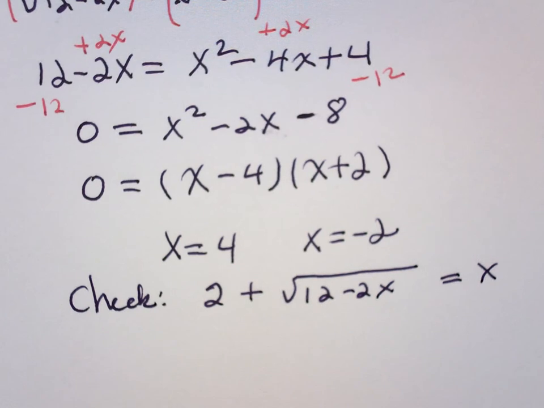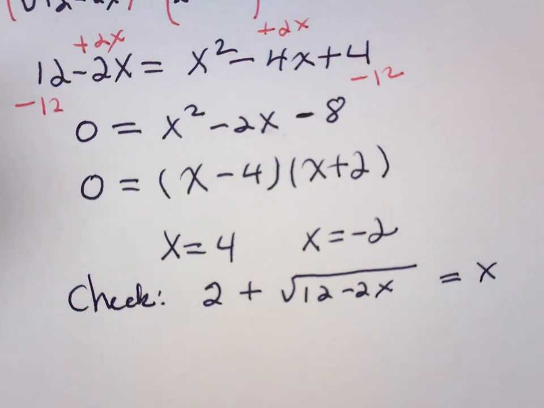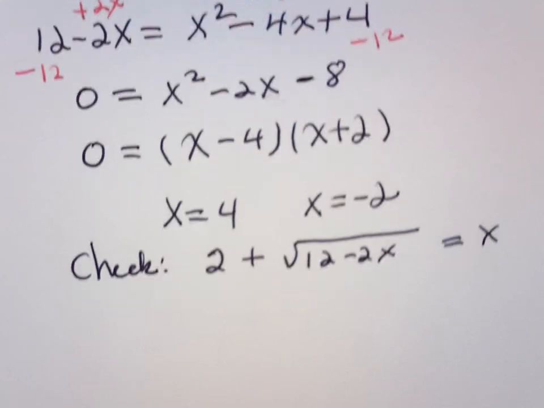Well, mainly because if I made a mistake in moving that 2 over or squaring it or something, I have the correct answer to the problem I worked, but it wasn't the original problem. And many times we do that. We get the correct answer to the problem we worked, but we made an error and it wasn't the original problem. So I go back to the original.